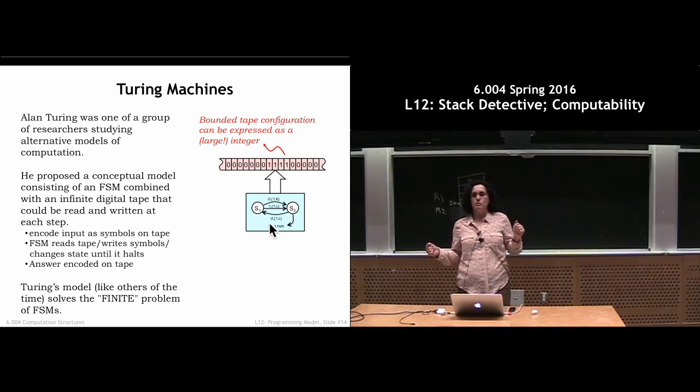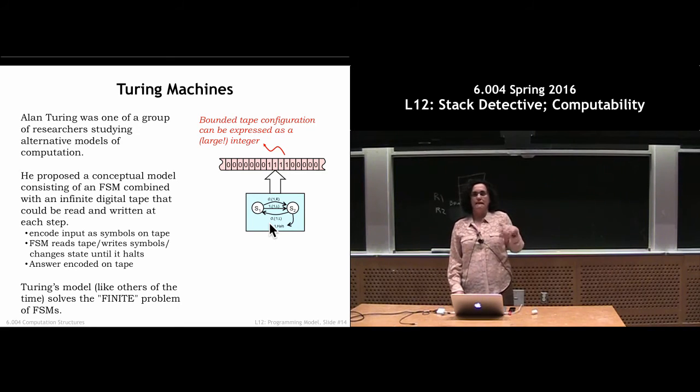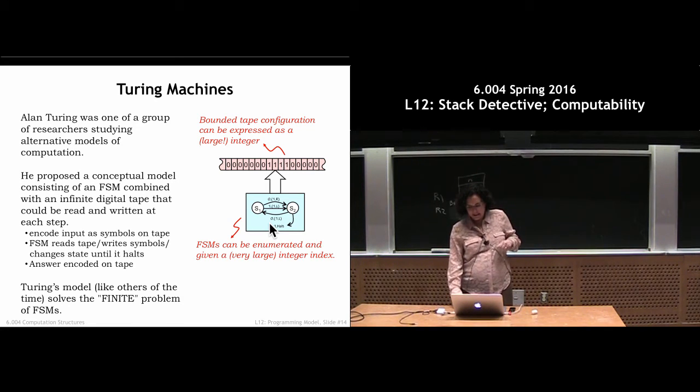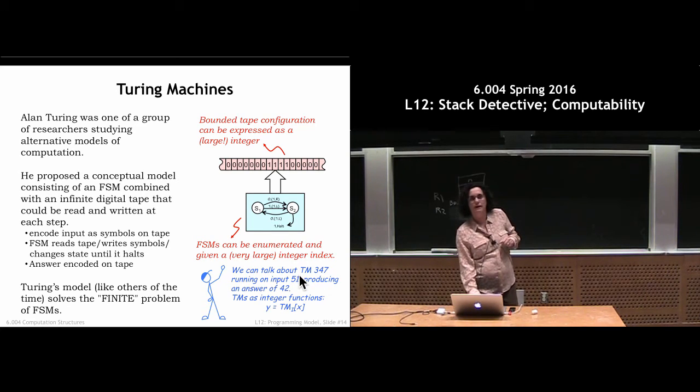And if I was to enumerate every single possible such truth table, and then associate an index with each one of those enumerations, then what this allows me to do is to say something like, okay, Turing machine where the FSM's enumeration happens to be index 347, if I give it an input of 51, which is my encoding for my input tape, then I will produce an answer of 42, which is the encoding for my output.